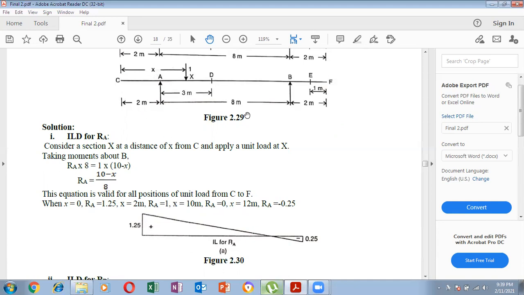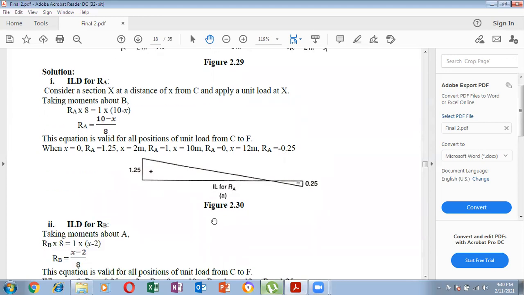Next, 2 plus 8, that is 10 meters: when x is equal to 10 meters, (10 minus 10) divided by 8 is equal to 0. So at B, the influence line ordinate is 0. Next, moving on to point F, where x is equal to 2 plus 8 plus 2, which is 12 meters. So (10 minus 12) divided by 8, that is minus 2 by 8, minus 0.25. So we have obtained the influence line diagram for RA.